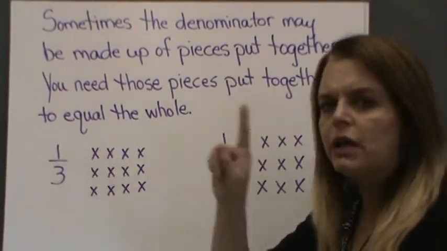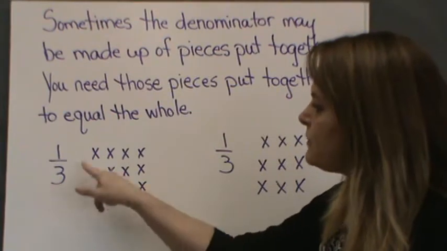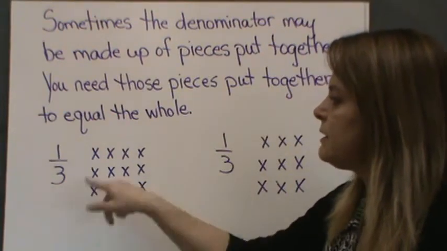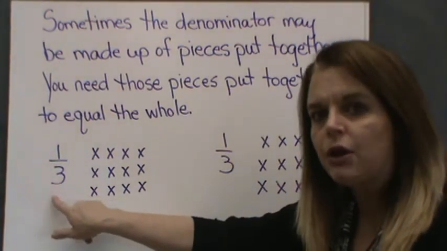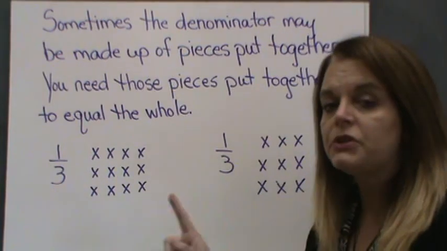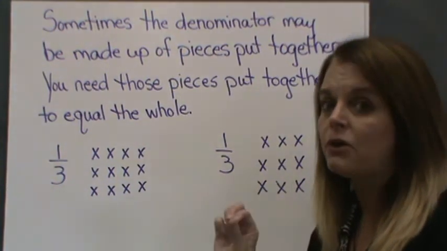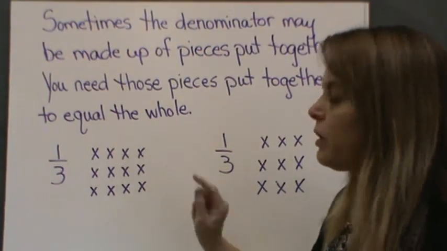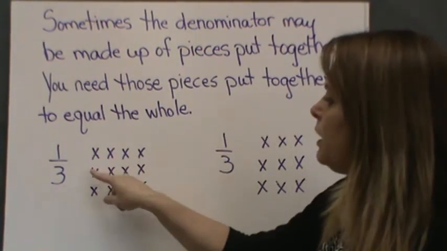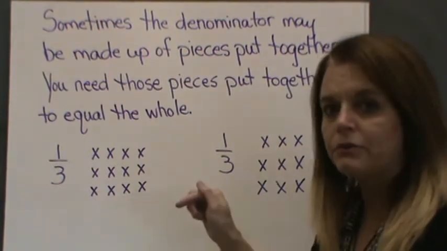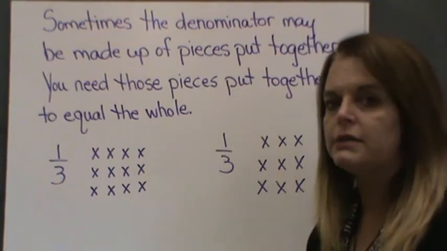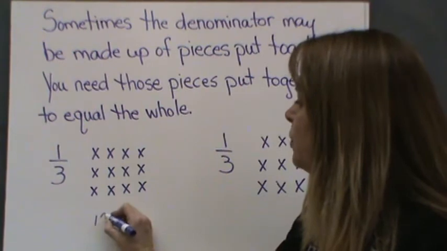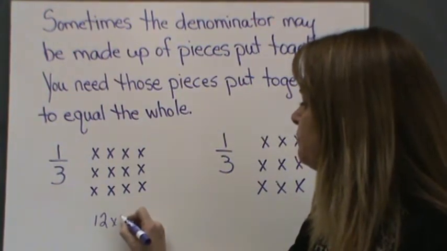Well, I'm going to be talking about one of them, but I have to get these x's divided into 3 equal parts. So what should I do first? I need to count to see how many x's I have. 1, 2, 3, 4 across. 1, 2, 3 down. 4 times 3 is 12. So I have 12 x's.